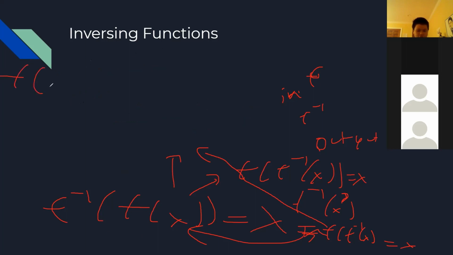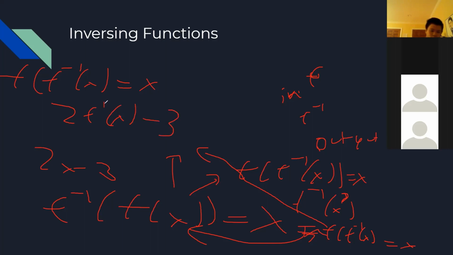So f negative 1 of x. So f(x) is 2x minus 3. So we have to find a function, an expression really, f negative 1 of x, such that this is true. So what we can do is take this as a variable y, or rather it can just stay as itself, the variable f negative 1 of x.